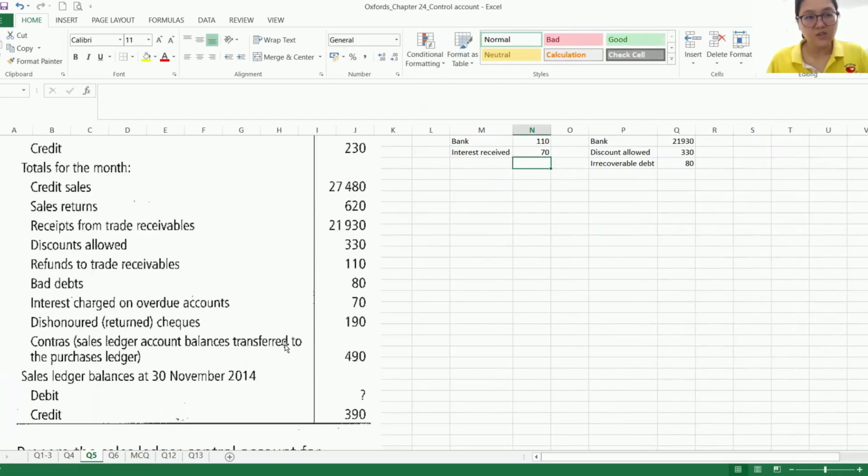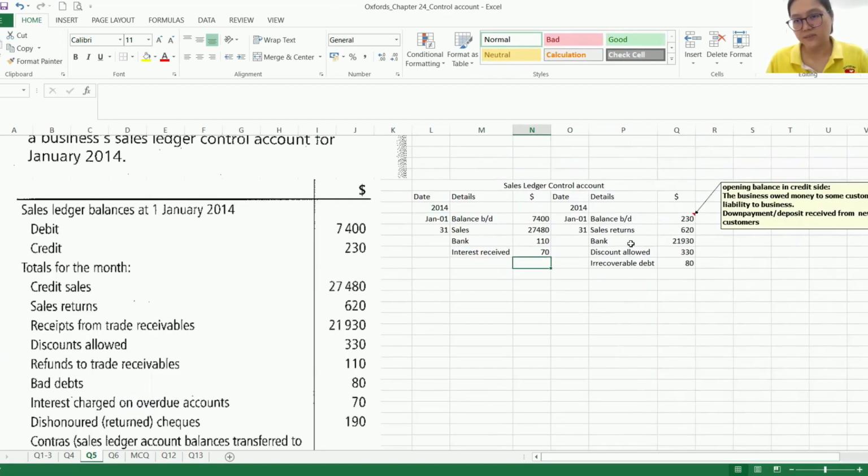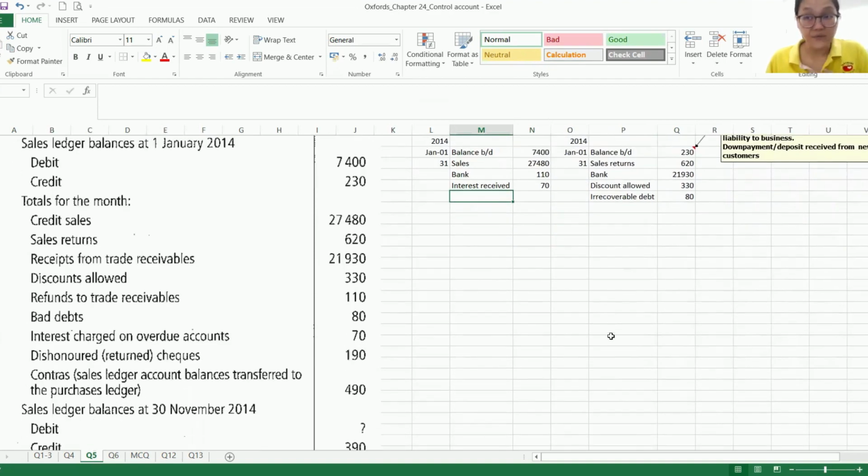Next is dishonest cheque. So this cheque, last time, one of the customers may pay using the cheque, but now the bank refused to pay. So we had to give back to the customer. So if customer will receive the money, this one will be debit side.